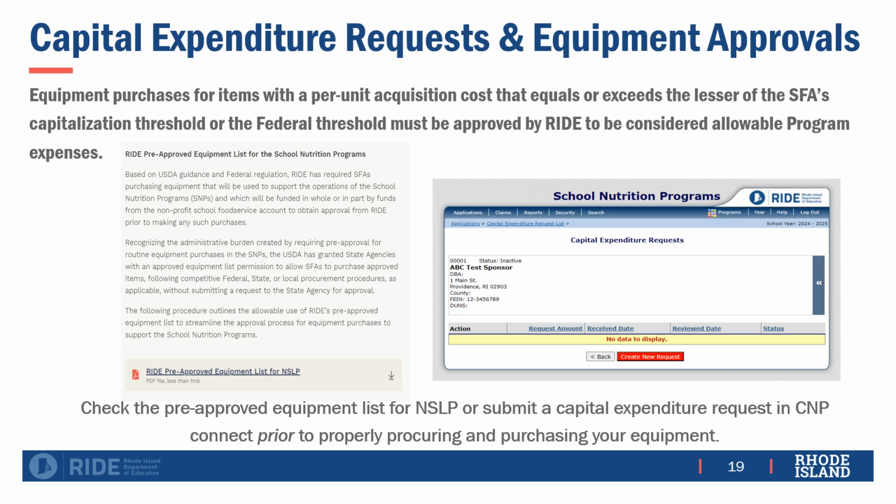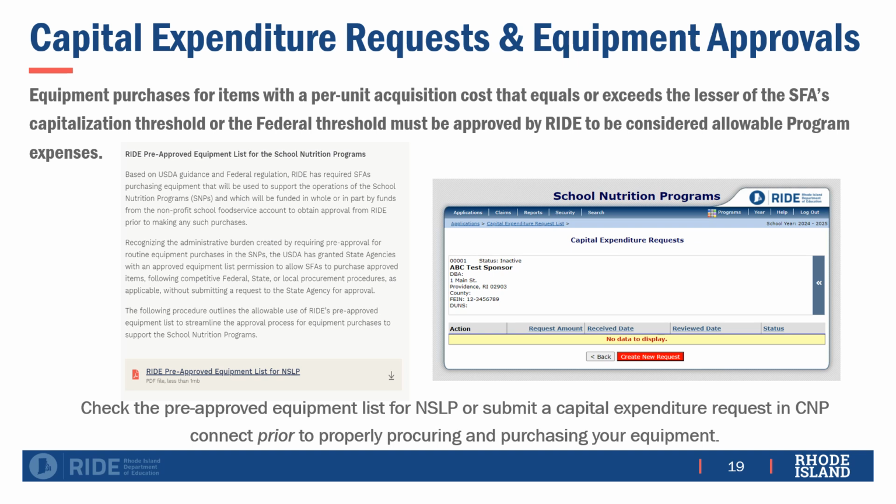Recognizing the administrative burden created by requiring pre-approval for routine equipment purchases in the school nutrition programs, the USDA has granted state agencies with an approved equipment list permission to allow SFAs to purchase approved items, following competitive federal, state, or local procurement procedures as applicable, without submitting a request to the state agency for approval.